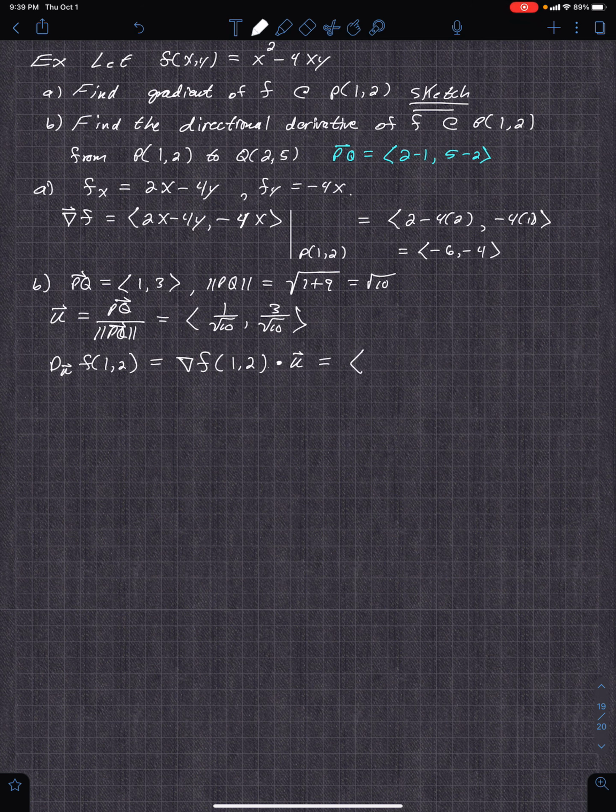So that's going to be (negative 6, negative 4), which we already did, dot (1 over root 10, 3 over root 10). You work that out, simplify it, and you should get negative 18 over root 10, which is approximately negative 5.7.